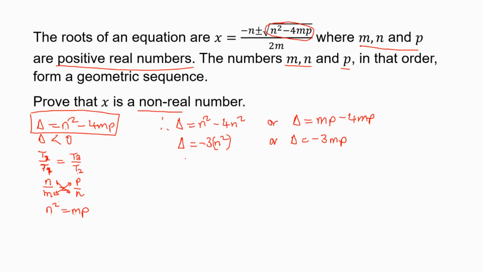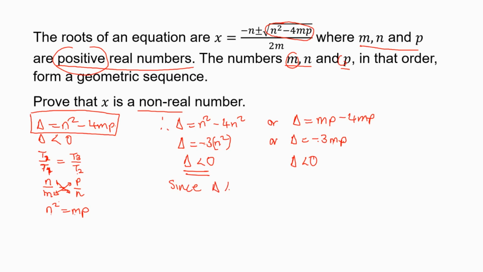This shows us that the discriminant is less than 0. On this side again, m and p are positive real numbers, so positive times the negative also shows us that the discriminant is less than 0.